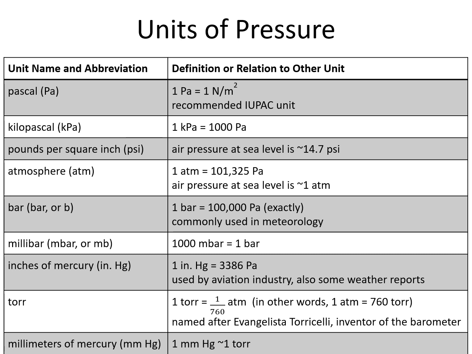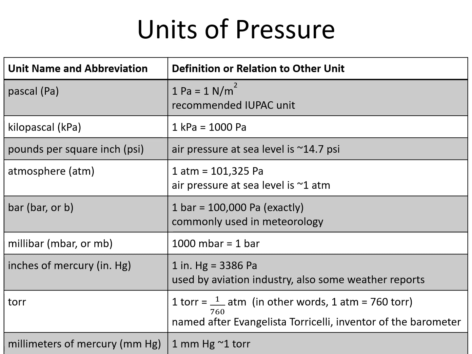On a mountain, atmospheric pressure is less than 1 atmosphere. In other words, less than 101,325 pascals. Under the ocean, the pressure could be greater than 1 atmosphere. In other words, greater than 101,325 pascals. Most of our experiments are going to be assumed to be done at 1 atmosphere of pressure.